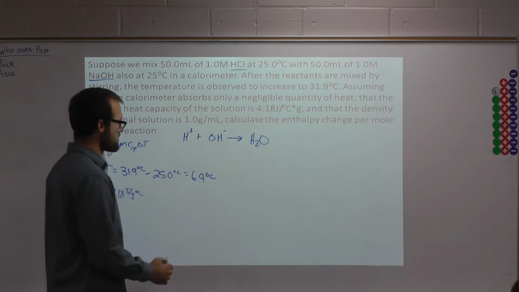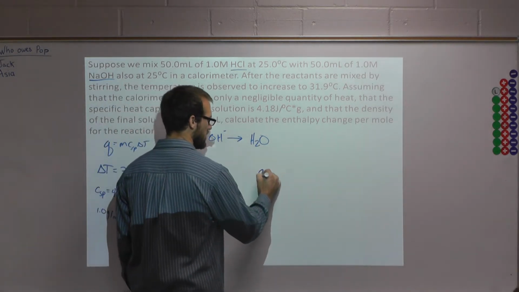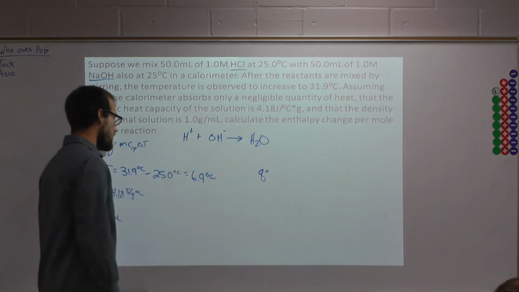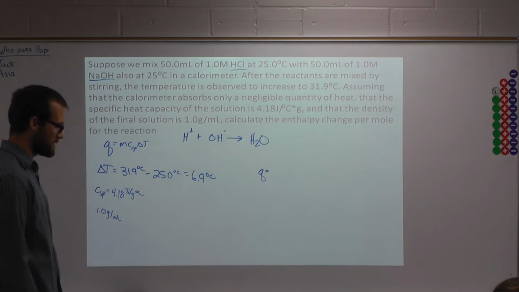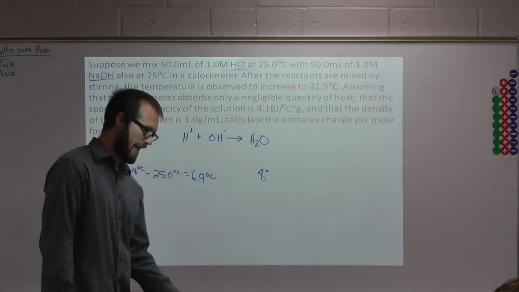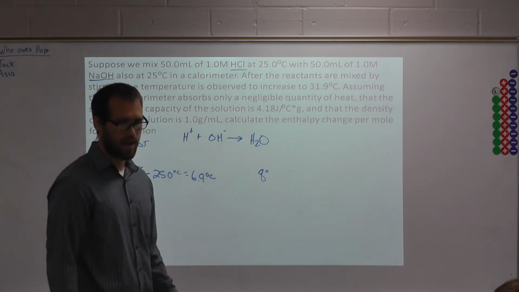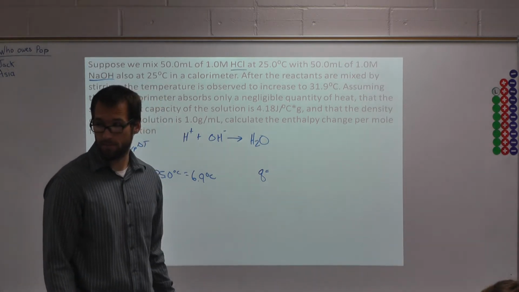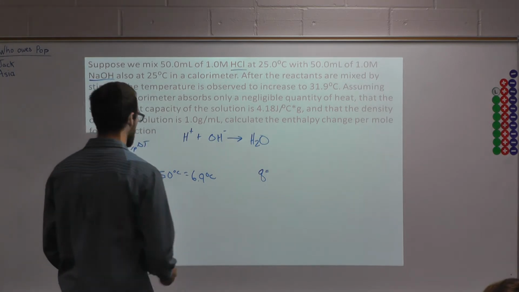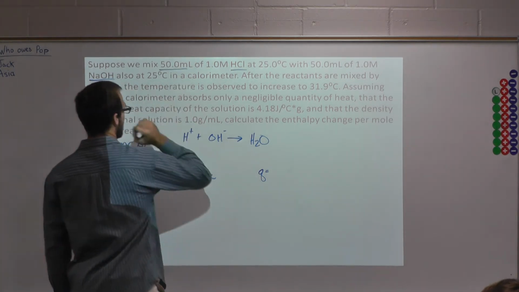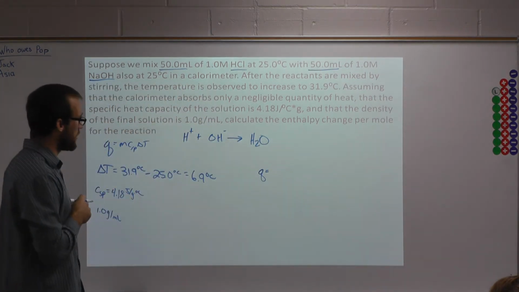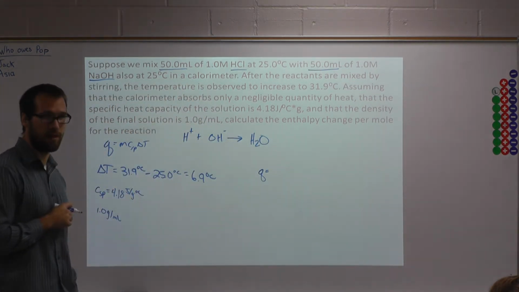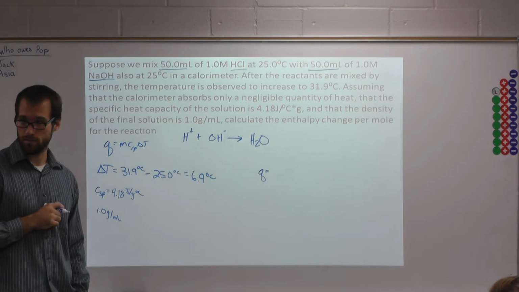What I think is probably the most valuable right now is defining the heat transfer. We know the specific heat capacity, we know the change in temperature, we don't directly know the mass of my solution. But we do know that I took 50 milliliters and 50 milliliters, added them together, and I do know the density of that particular solution.